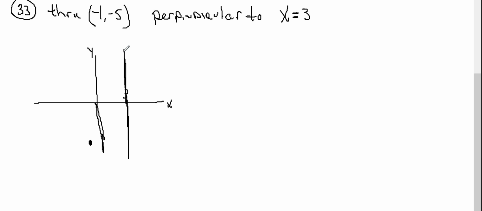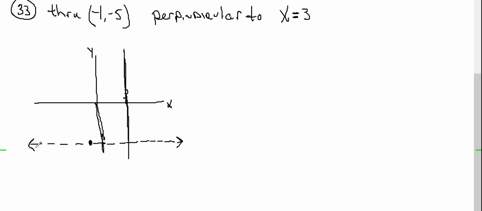Okay? And the equation of the line going through -1, -5, perpendicular to x equals 3. So that means this line here is going this way. I'll make it a dashed line. Okay. So now the question is, what is this line called?